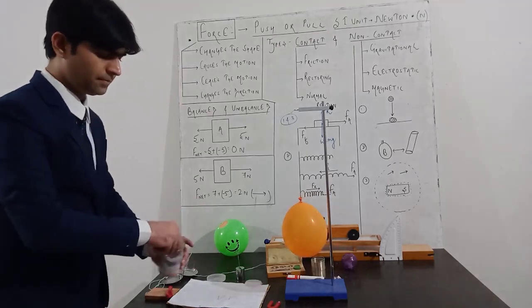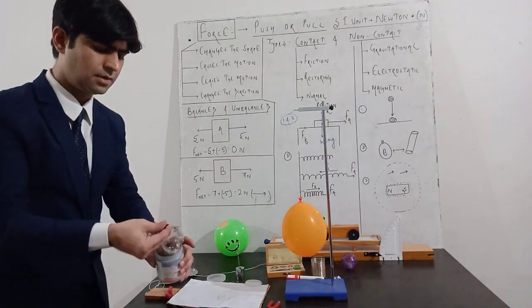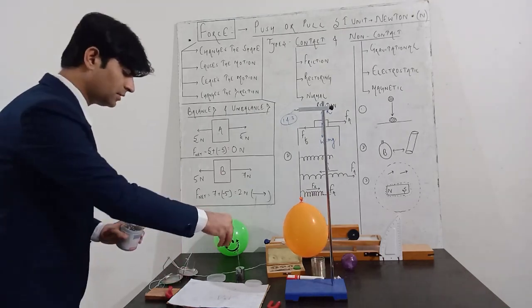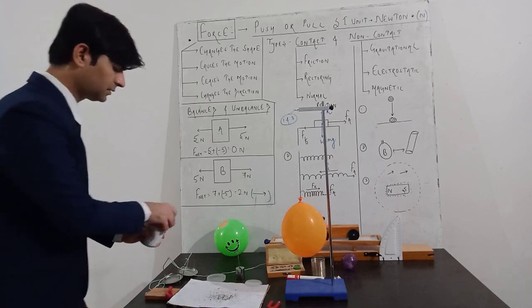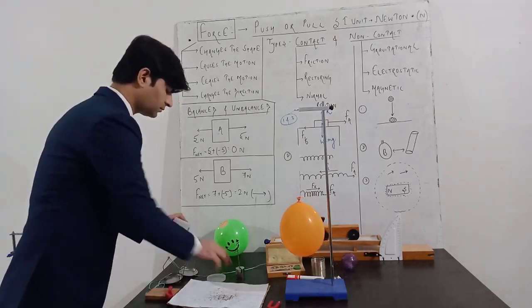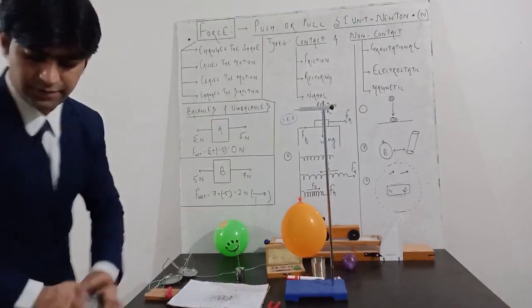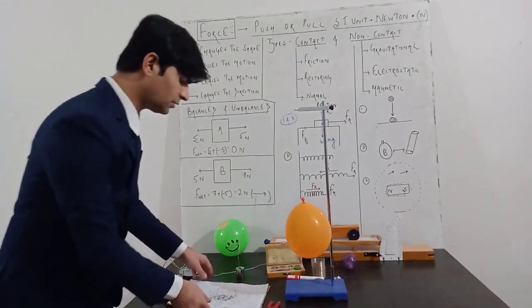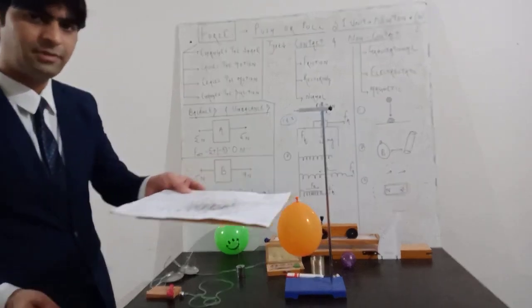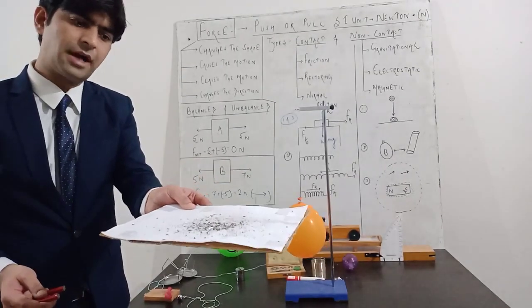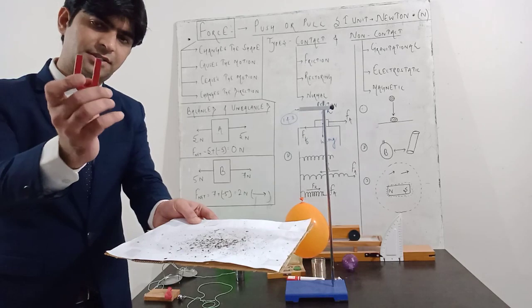These are some iron filings, and I am going to spread them here. The magnetic force is also a kind of non-contact force. There is no physical contact between these iron filings and the pins, and this is a U-shaped magnet.